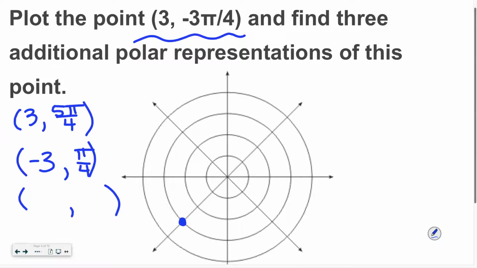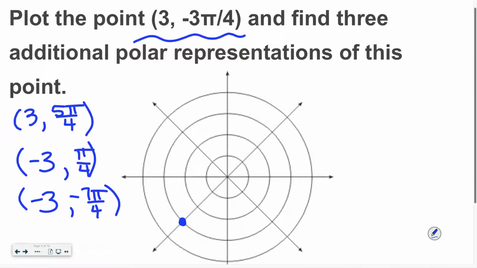One more way to describe that coordinate. We could rotate to negative 7 pi over 4 and then move backwards 3. One of the questions on your quiz tomorrow will be to plot a point and give it a different name.